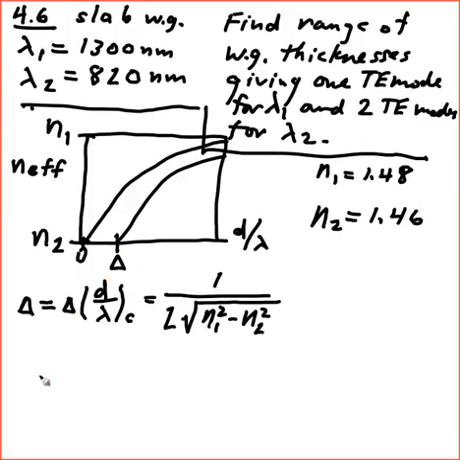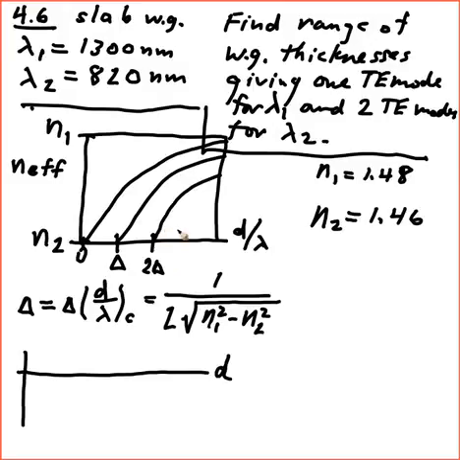What you find then is that we can make a picture showing, as a function of the thickness of the waveguide d, the d values at which the cutoffs occur. So here's 2 delta, where the m equals 2 mode starts to appear, 3 delta, where the m equals 3 mode starts to appear, and for a particular wavelength, these cutoffs occur at multiples of lambda times delta.